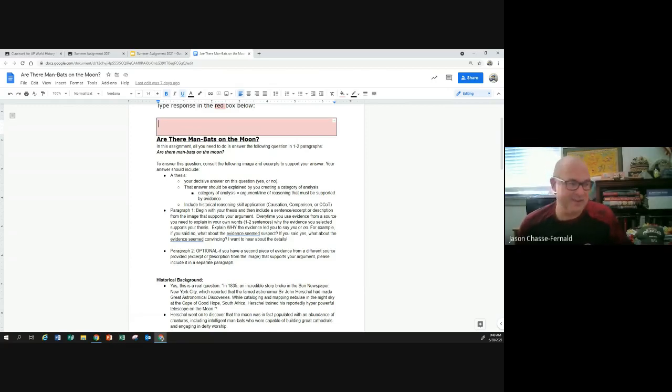If you want to have a contradicting category of analysis, you're welcome to do that, or you're welcome to use the original category of analysis or thesis, and extract a second piece of evidence, and then do that explanation. All right. So that's what you're being asked to do. So 1 paragraph, 2 if you're shooting for that 3.